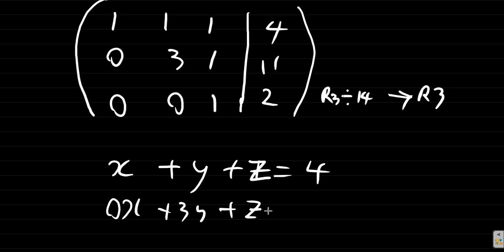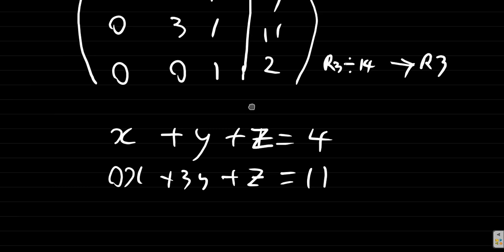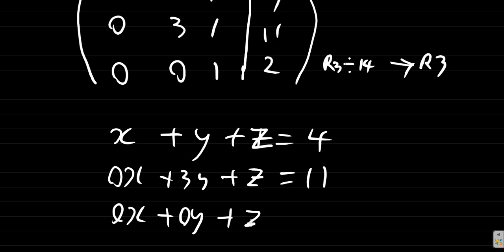I'll just write a line across my z, because if I don't do that and lose concentration, I will start writing it and it starts looking like 2 instead of z. Alright, equal 11. So that is equation 2. Equation 3 coming from row 3 is 0x plus 0y plus 1z equals 2.